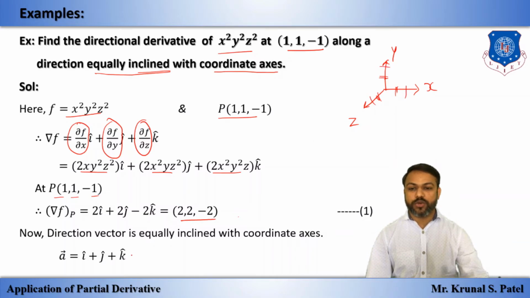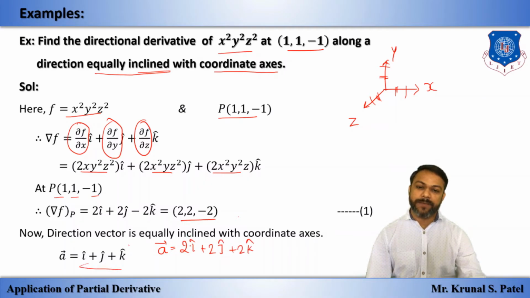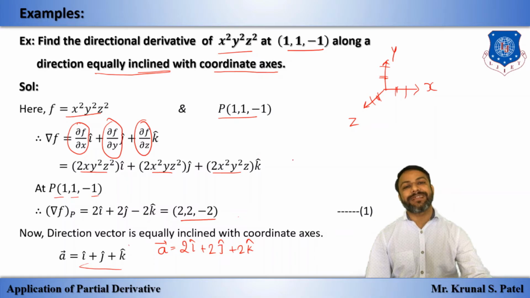So you can also take vector A as 2i plus 2j plus 2k instead of i plus j plus k, or you can take 3i plus 3j plus 3k, because it is equally inclined.